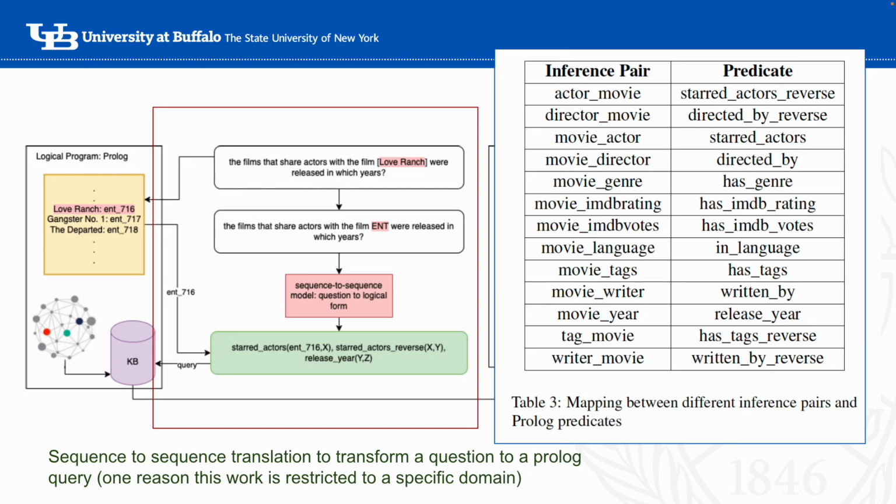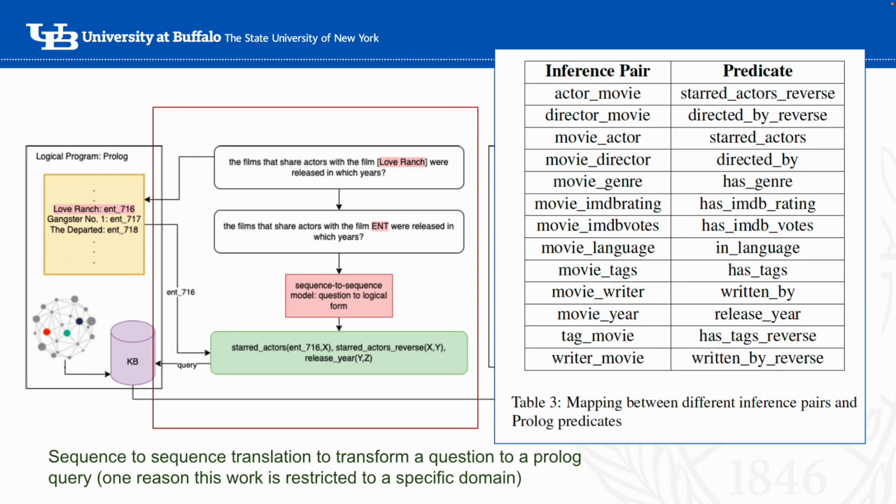The next stage is to translate each of the questions to a Prolog query using a sequence-to-sequence model. We can use any encoder-decoder model here. We use T5 in this work to translate each question to a query. We remove the entity from the question and replace it with ENT, and then we ask the language model to translate the question into the representation of a predicate.